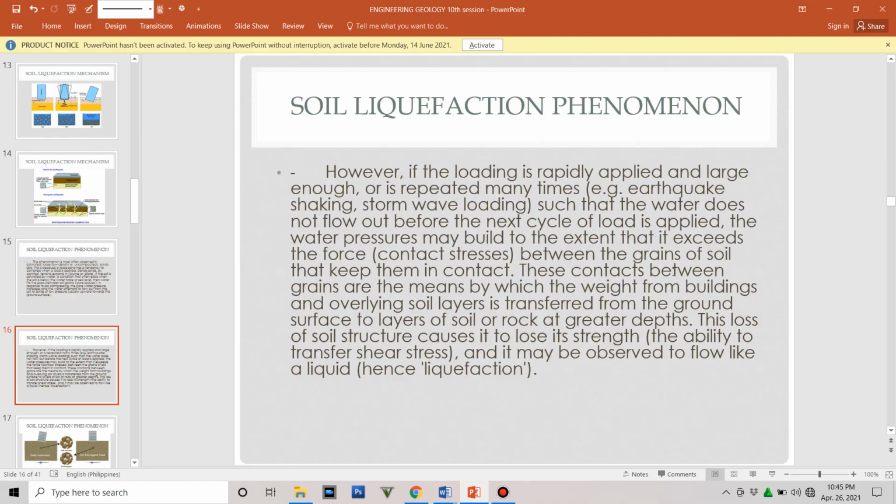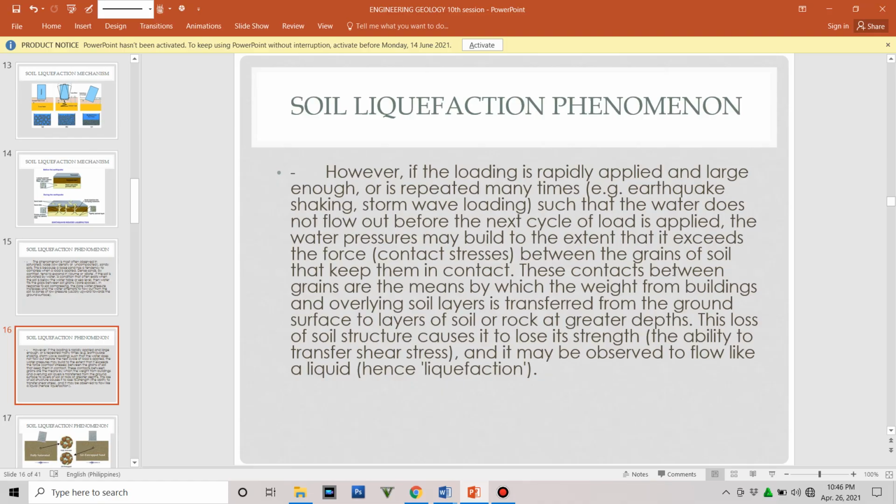So if the loading is rapidly applied and large enough, or is repeated many times, ito yung cyclic. So it is repeated many times, such that the water does not flow out before the next cycle of load is applied. The water pressures may build to the extent that it exceeds the force between the grains of soil that keep them in contact.